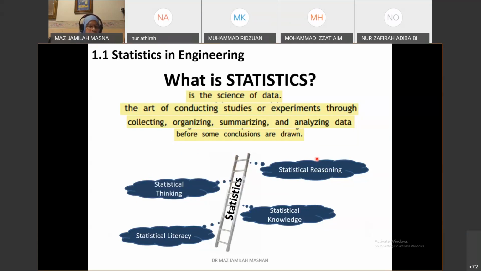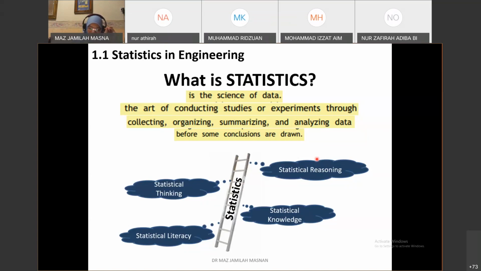When we say science, it involves processes, inputs and outputs. Those processes include conducting studies or experiments through first collecting, followed by organizing, followed by summarizing, followed by analyzing, and finally making conclusions. So there are five processes involved in statistics.